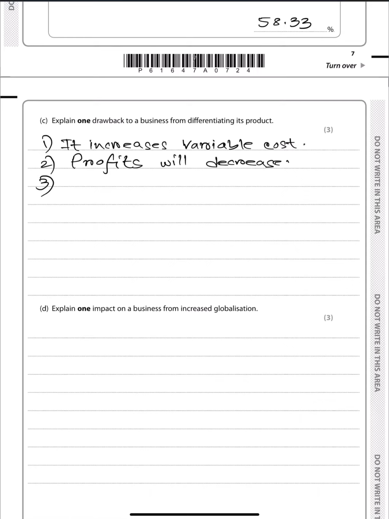So that's what we're gonna write: that differentiation may not even add much value to my product, and it might not generate the same amount of revenue that I was expecting, or it might not generate the same amount of cash flow that I have put behind it. So it may not add enough value.